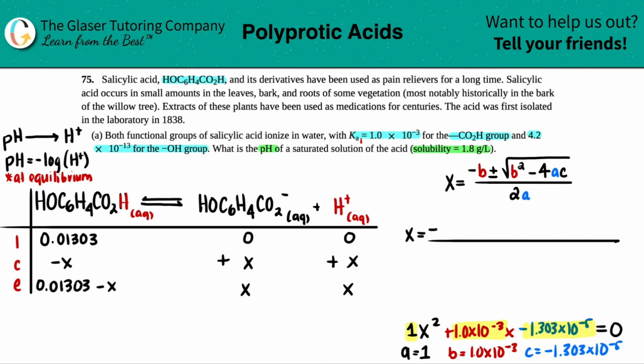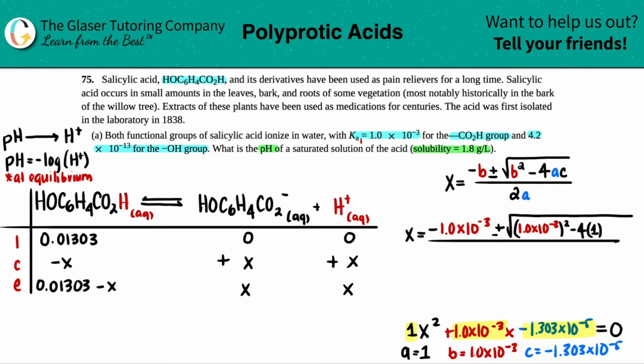negative b. So the b was the 1.0 times 10 to the negative third, plus or minus the square root of b squared. So 1.0 times 10 to the negative third, that's squared, minus 4 times the a, which is 1.